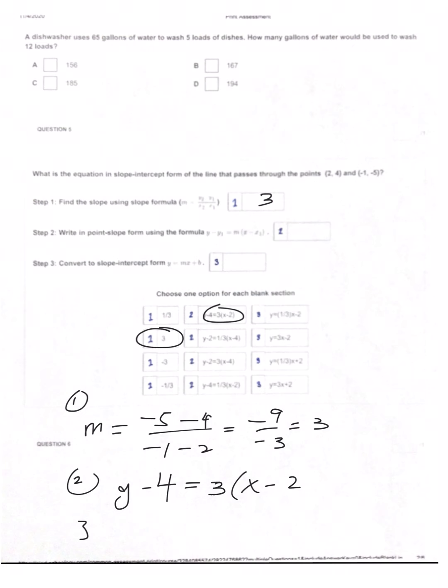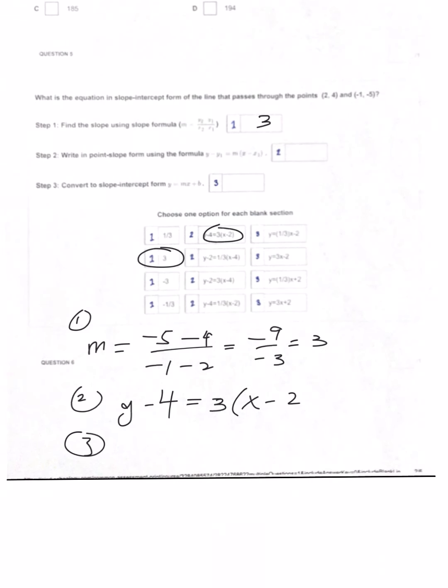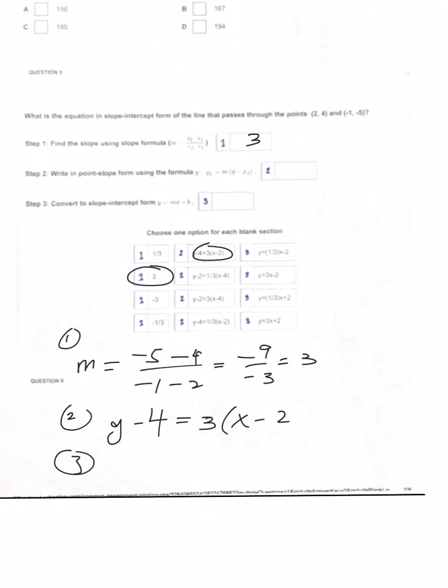Then number 3 asked me to write this in slope-intercept form. So what we have to do first is take the answer for number 2 and start converting it. So here I'll have y minus 4 on the left side left alone. I'm going to go ahead and distribute the 3 times the x and 3 times the 2. So I have 3x minus 6. Then I'm going to add 4 to both sides.